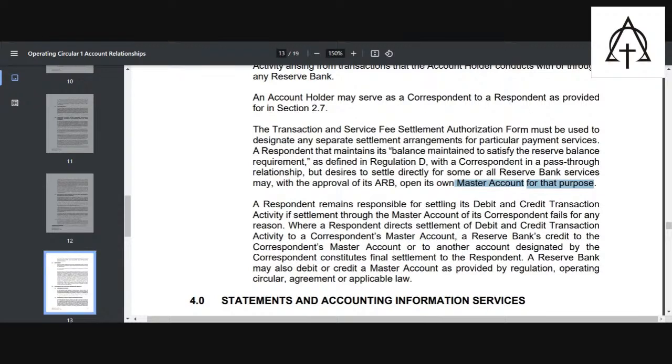The respondent remains responsible for settling its debit and credit transaction activity if settlement through the master account of its correspondent fails for any reason.